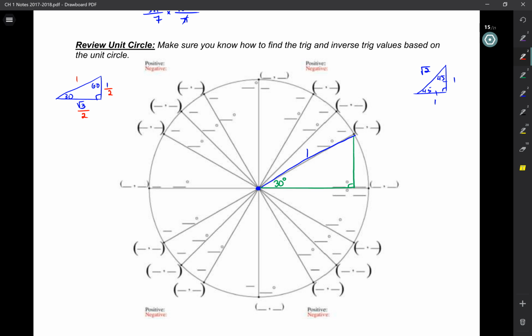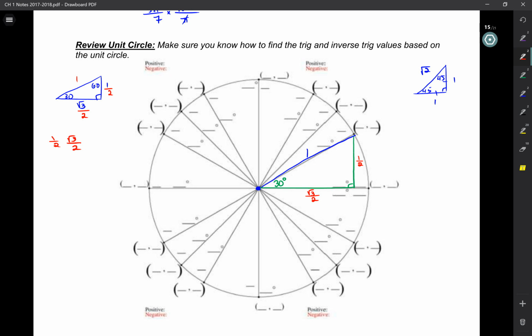Okay? So I have 2 legs, a short one and a long one, and they're always only going to have lengths of 1/2 and root 3 over 2. Now, if I wanted to find the sine of that angle, back in geometry, we defined sine as what over what? Opposite over hypotenuse.